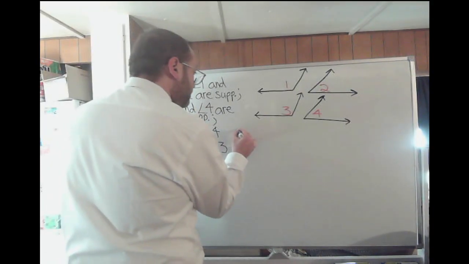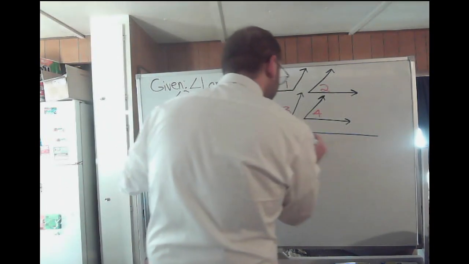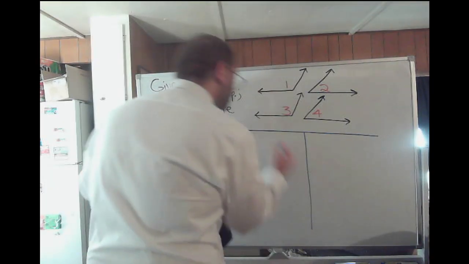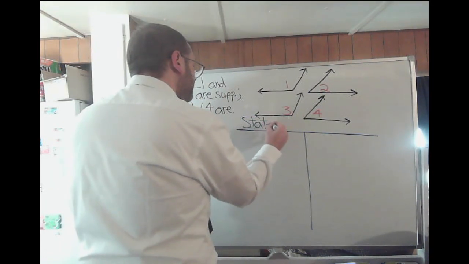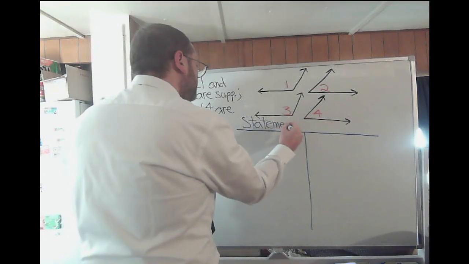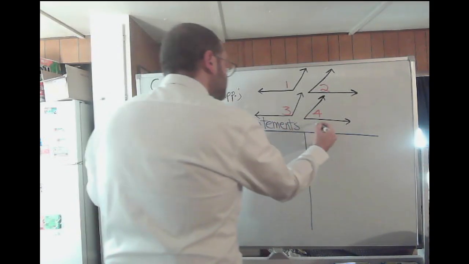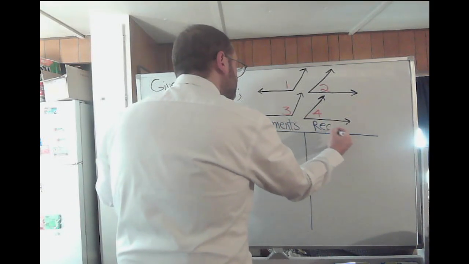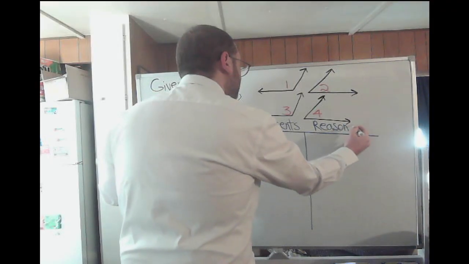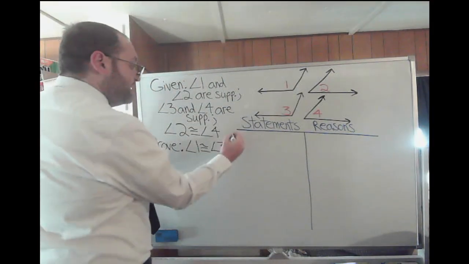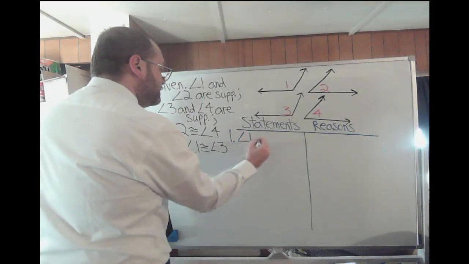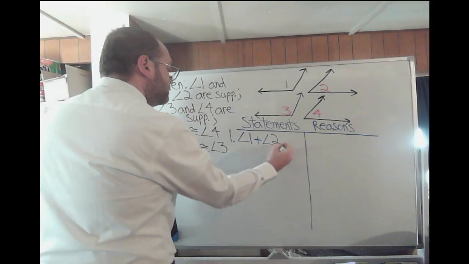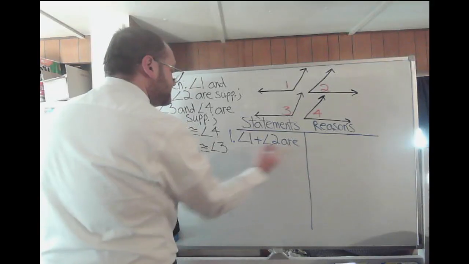Let's start our columns for our proof. Statements on the left, and then the reasons for those statements on the right. Okay, so I think in this case we'll just start with the given information that angle 1 and angle 2 are supplementary.